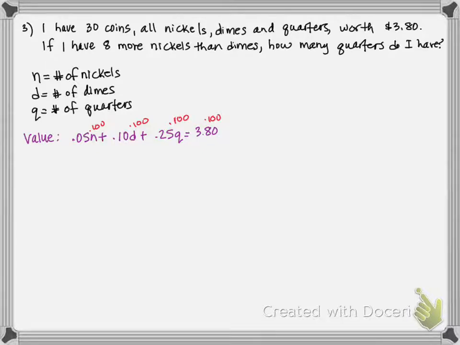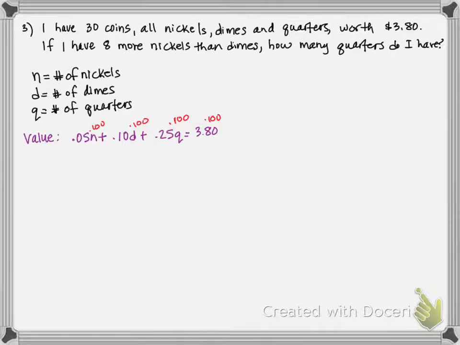They think, I can think of my nickels, dimes, and quarters in terms of cents, so I could just say 5n plus 10d plus 25q equals $3.80, and that's the problem, because you didn't equally increase each by 100 times, because there's 100 cents in a dollar.